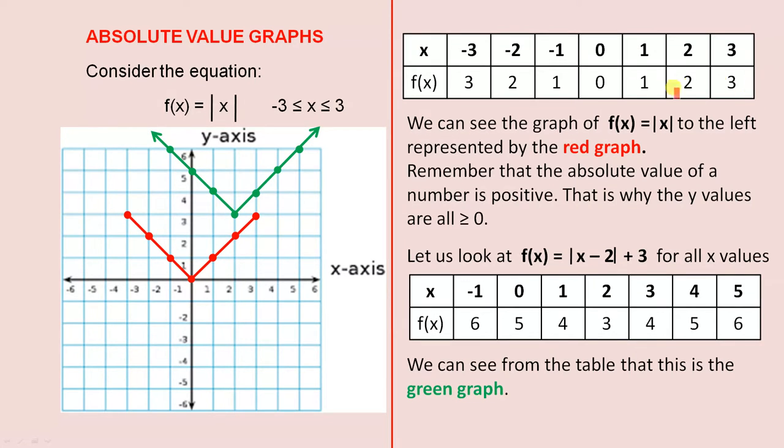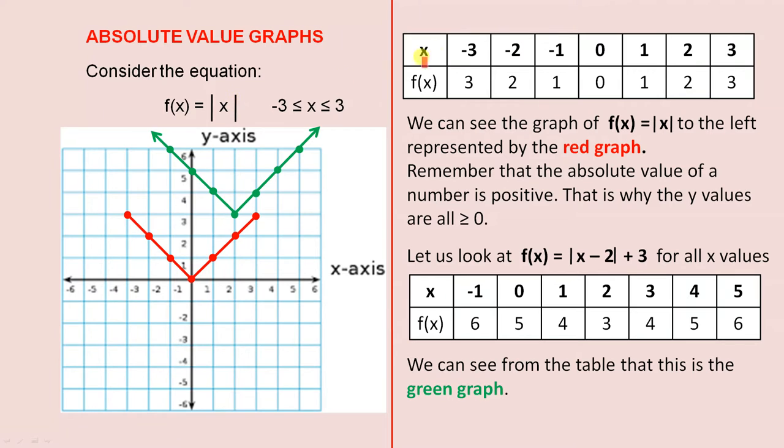Absolute value graphs. If we consider the equation f(x) equals the absolute value of x, we're going to look at the x values from minus 3 to 3 inclusive. So I put those here in a table, from minus 3 to 3 inclusive, and we substitute each of these values into the equation.